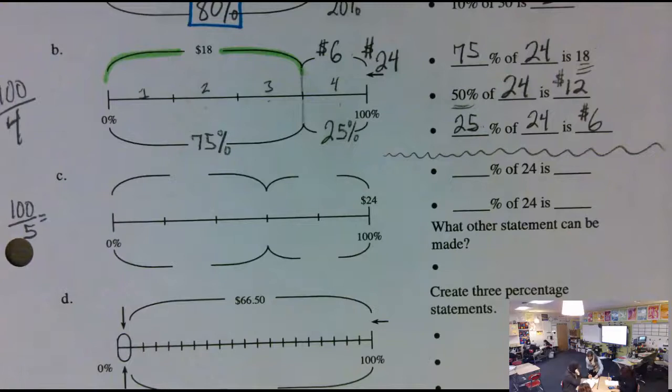So what is 24 divided by 10? That is 10%. How could we use that to find 20%? Yeah, to go from 10% to 20%, we can just double. So if we double that, we'll find what 20% is.